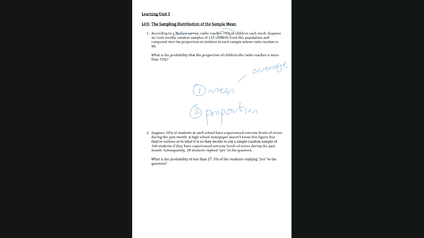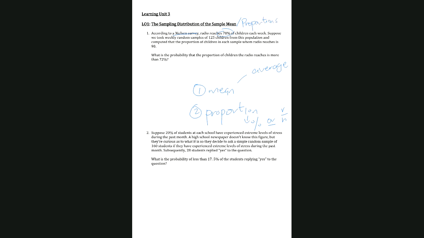For a proportion, you're looking for either a percentage or you're looking for them saying so many out of so many. So they would say, for instance, 8 out of 10 times or 8 out of 50 people, dot, dot, dot. So this is what helps you to identify whether we're working with a mean or a proportion. So here, sorry, I forgot to add on here that this is proportions as well.